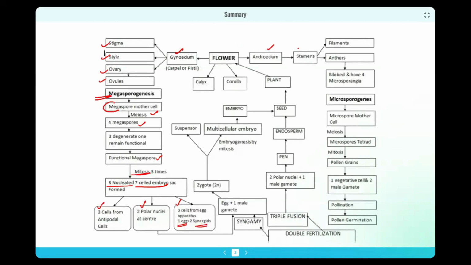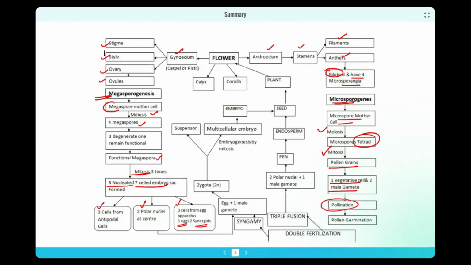Now, the androecium is the stamen, which consists of filaments and anthers. They are bilobed and have 4 microsporangia. By microsporogenesis, the microspore mother cell undergoes meiosis, then forms tetrads. Then they undergo mitosis and form pollen grains, which have 1 vegetative cell and 2 male gametes.